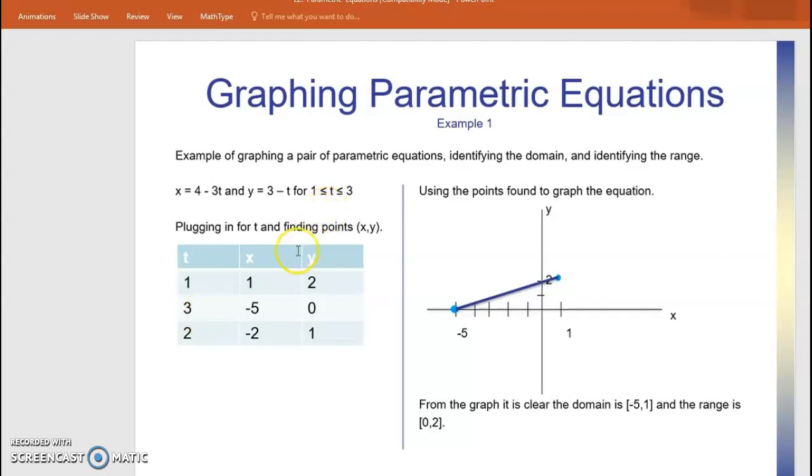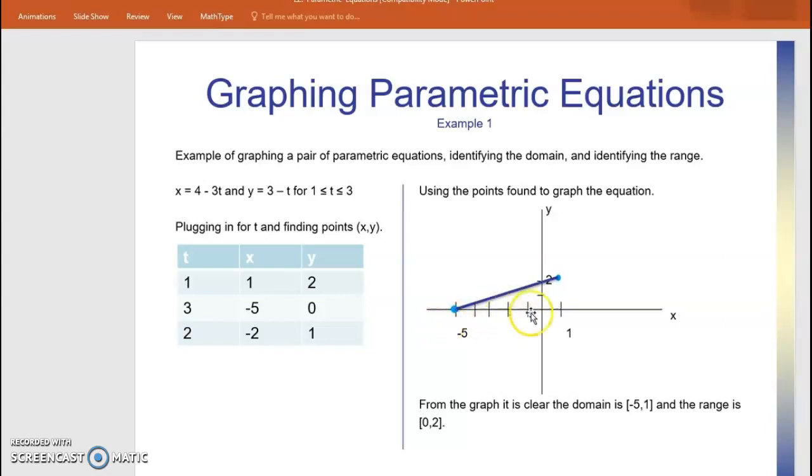So going ahead and plotting our points on the x and y axis, we have the point negative 5, 0 as the starting point, and the point 1, 2 as the finishing point. The point negative 2, 1 is also on this graph, though it has not been enlarged.